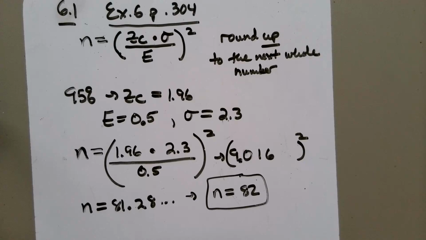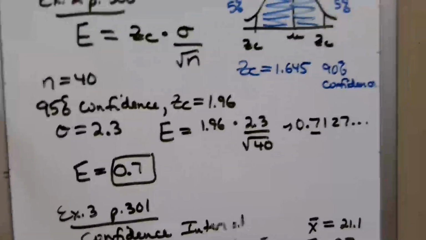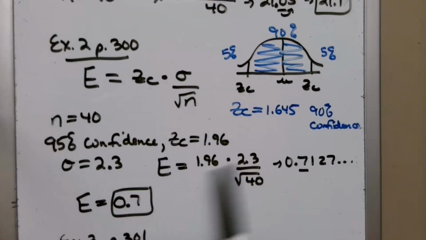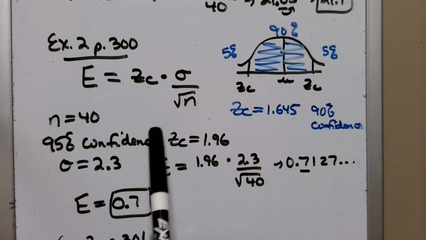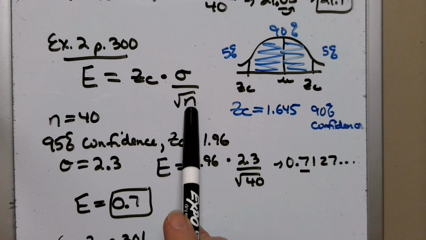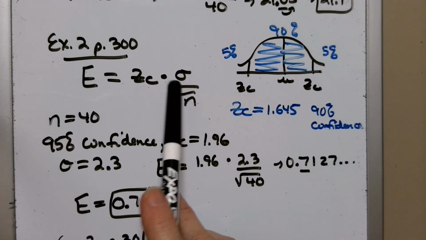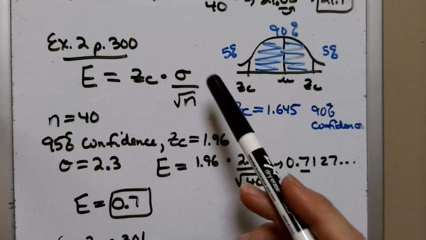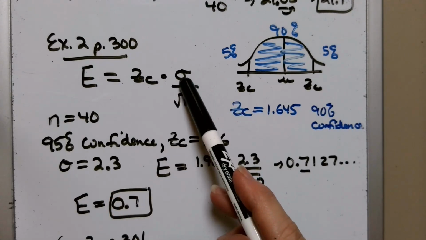So before we do this calculation, let me pull back example 2. In example 2, we had a 95% confidence level with the sample size of 40, back from example 1, and a standard deviation of 2.3.